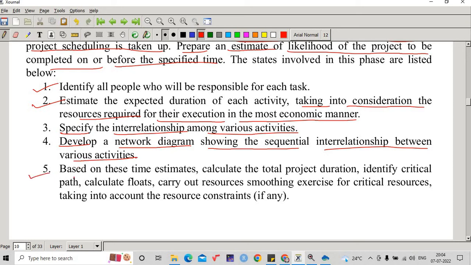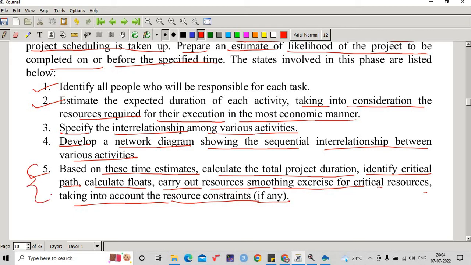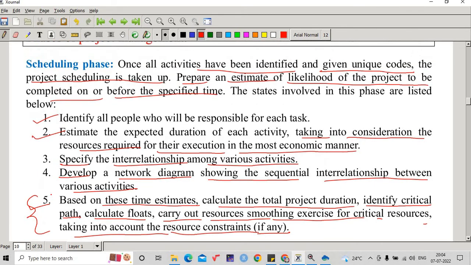Based on these time estimates, calculate the total project duration, identify the critical path, calculate floats, and carry out resource smoothing of the critical resources, taking into account the resource constraints, if any. So this point is important while scheduling.